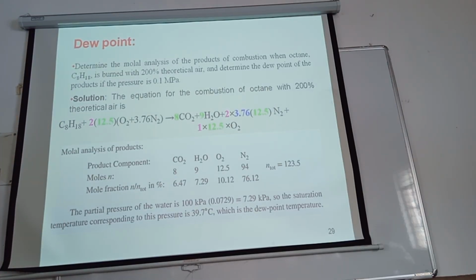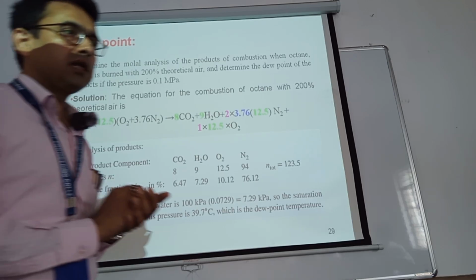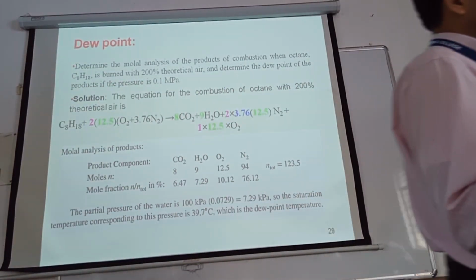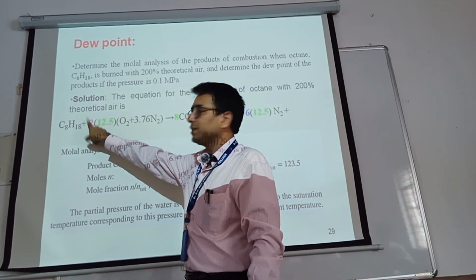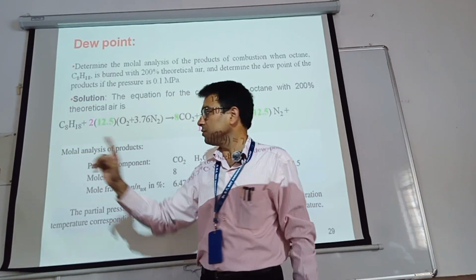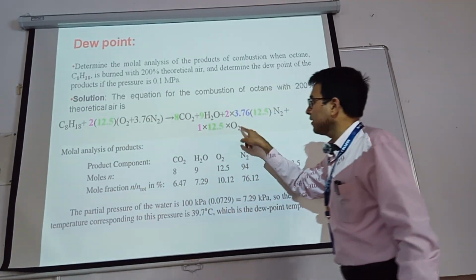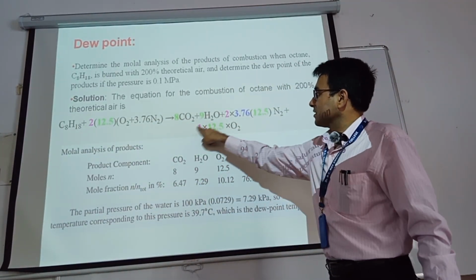So what is given? Octane is the fuel, burning with 200% theoretical air. If octane is burning with stoichiometric air, you know the reaction. Then for 200%, simply multiply by 2.